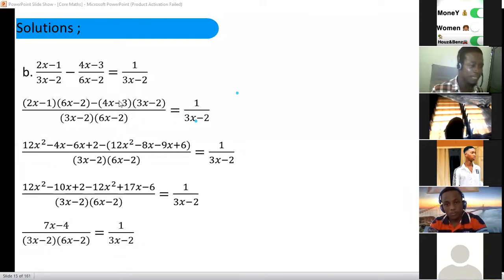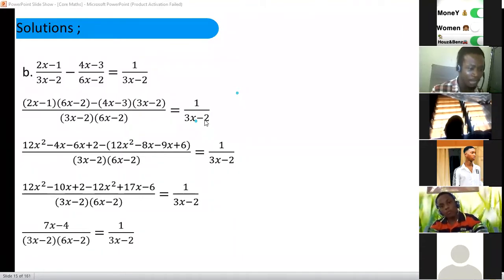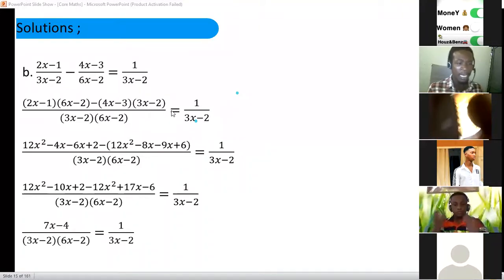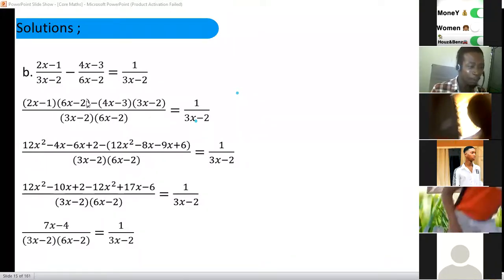Expand. But looking at the numerator here, you see it is too complex when you cross multiply, because when I take the denominator at the right hand side to multiply the numerator at the left hand side, this bracket is going to multiply this whole expression, and the whole expression is complex.